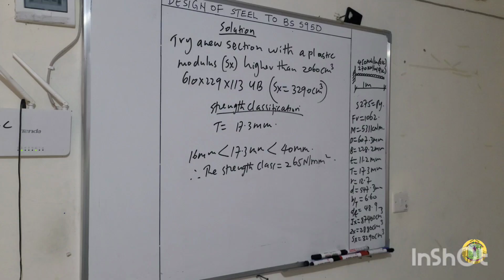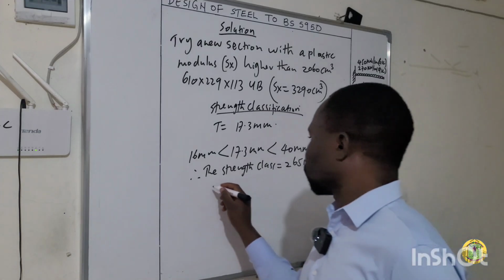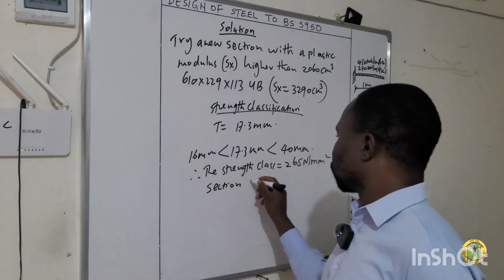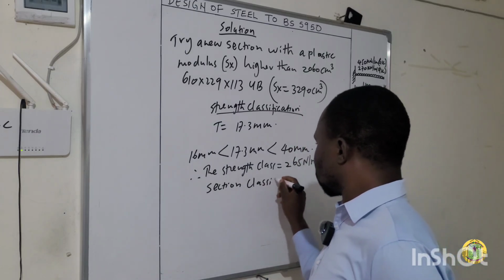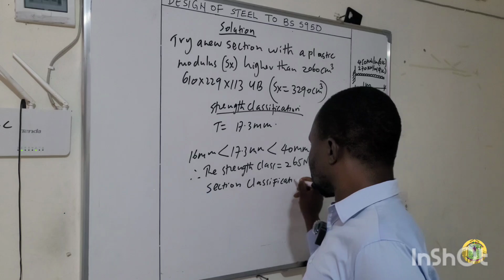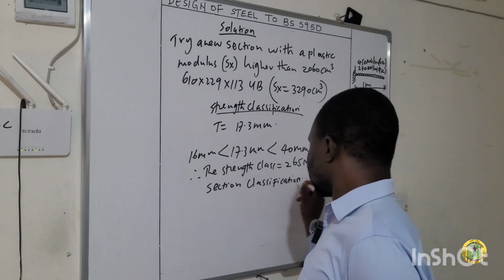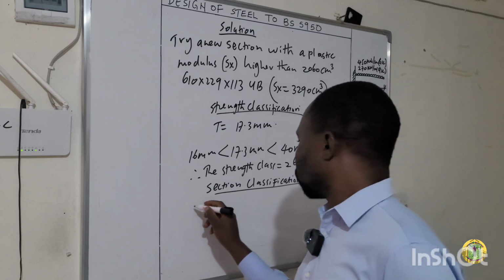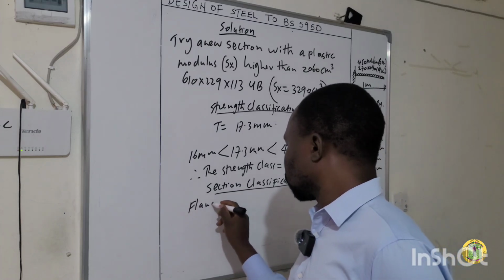We have already classified the strength class. We can also classify the section. So the section classification. For the web, or let's begin with the flange.